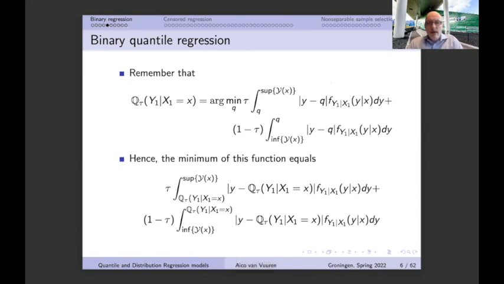That's also true in the binary outcome case. So we still have this relationship over here. And then the first question that we can ask is, what is the minimum outcome that we can actually have with respect to this function?